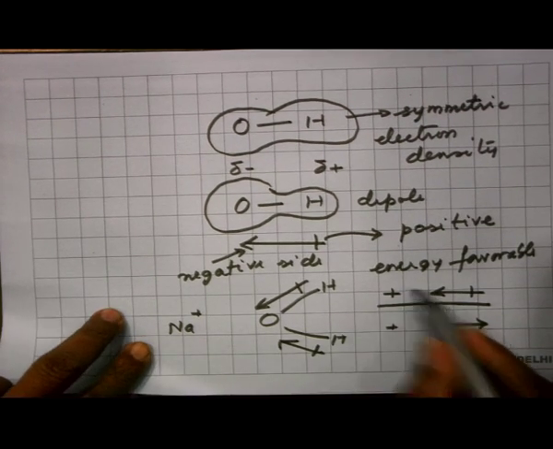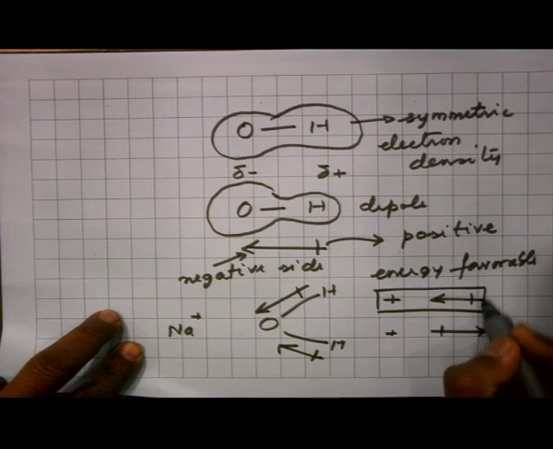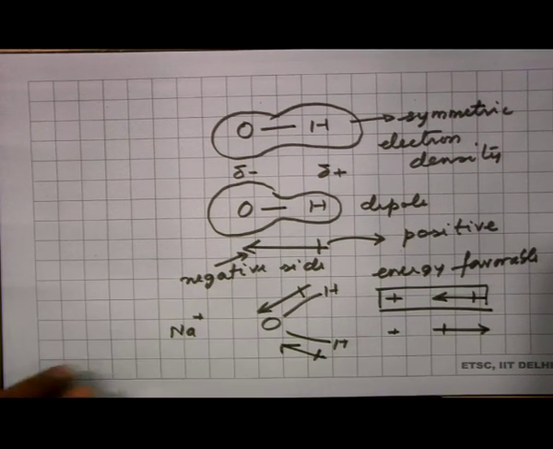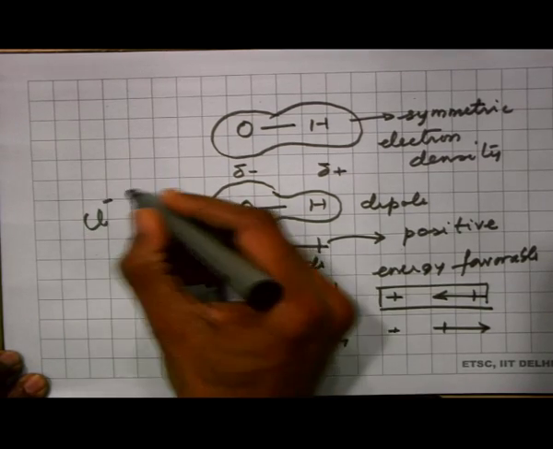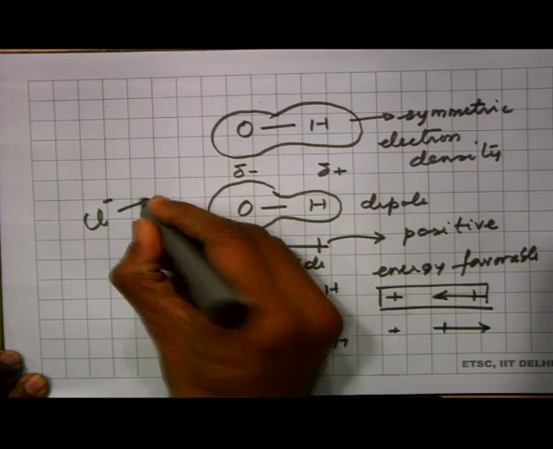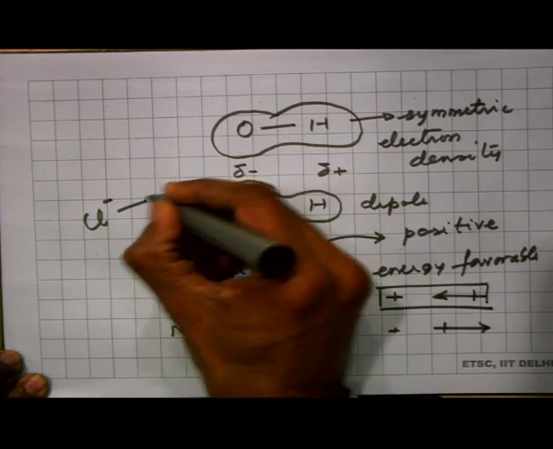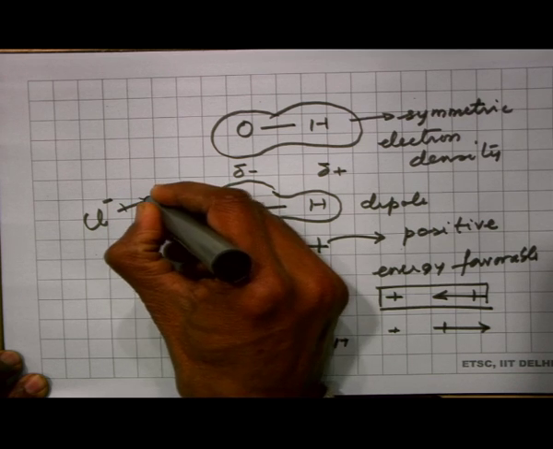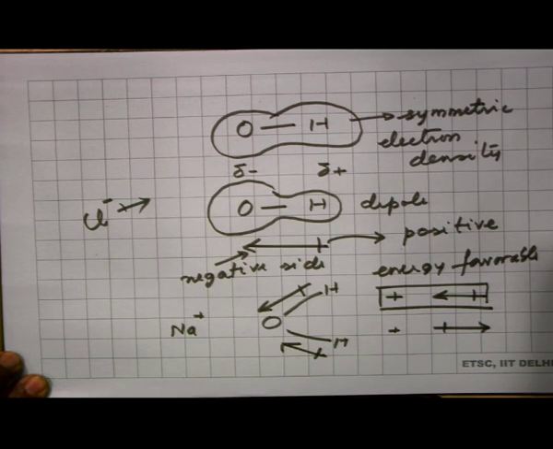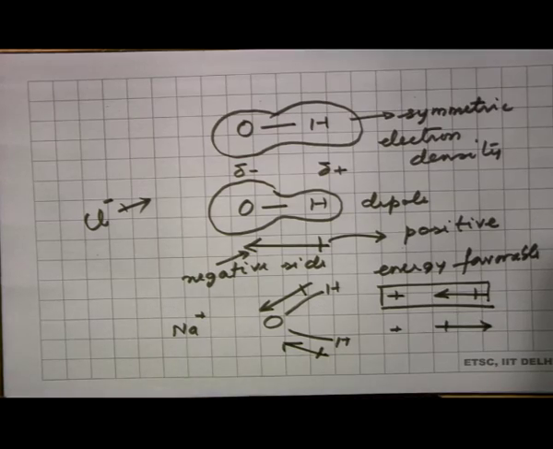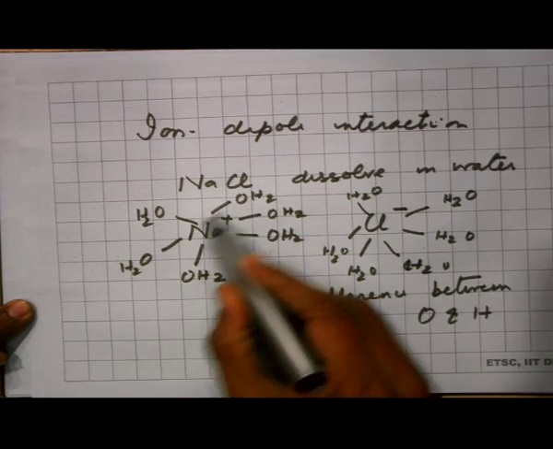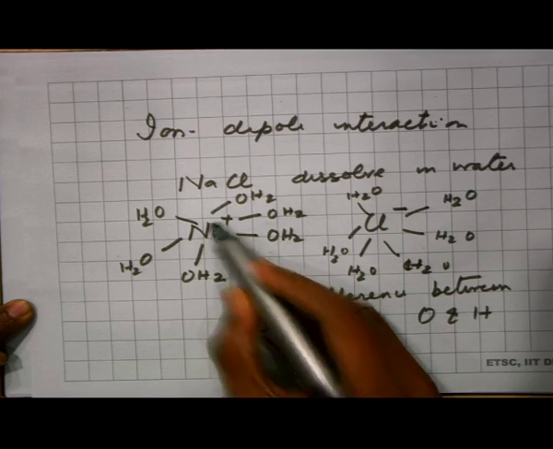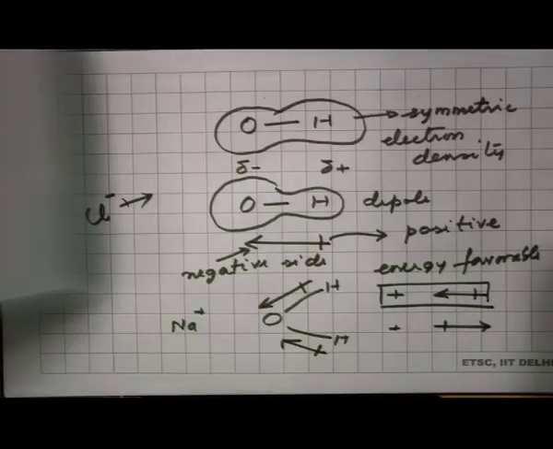And there is an interaction between the ion and the dipole, and similarly I would have the situation where Cl minus would also interact with the dipole. In this case, the favorable interaction would be the other way around, which is why when I drew this picture, I drew it with the hydrogen side closer to Cl minus and the oxygen side closer to Na plus.